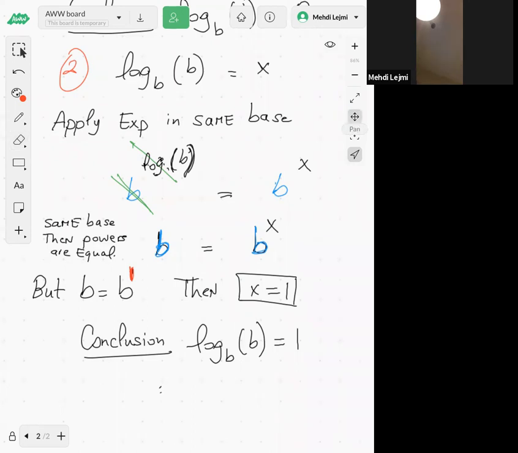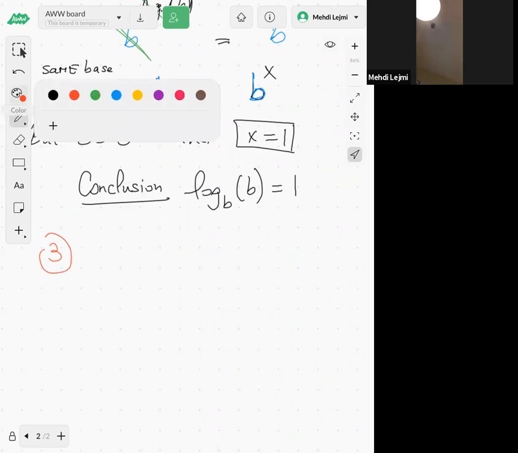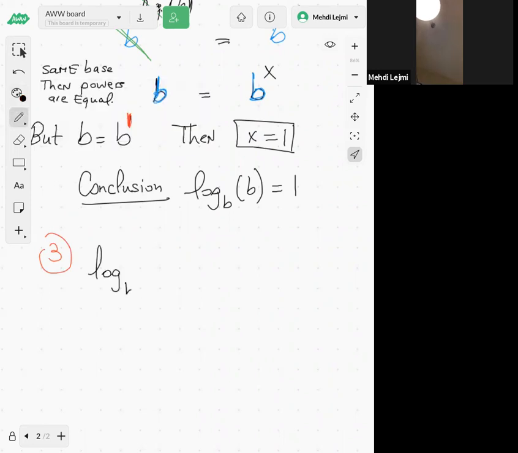So next, if you have a log in base b of x times y, then this is actually equal to log in base b of x plus log in base b of y.